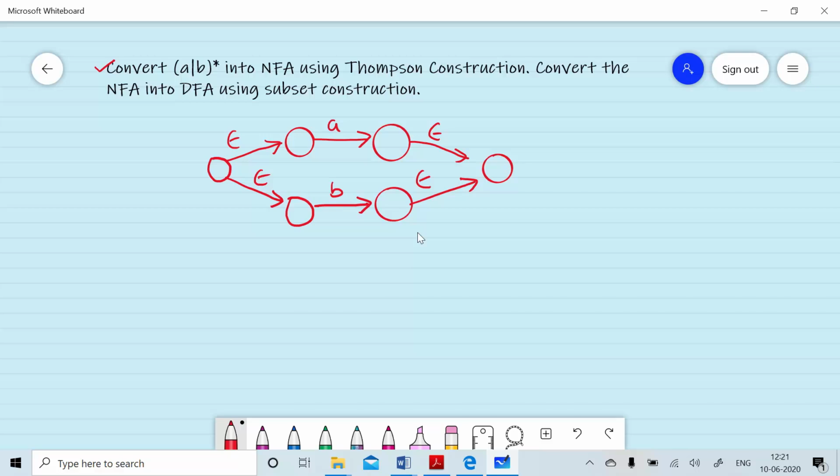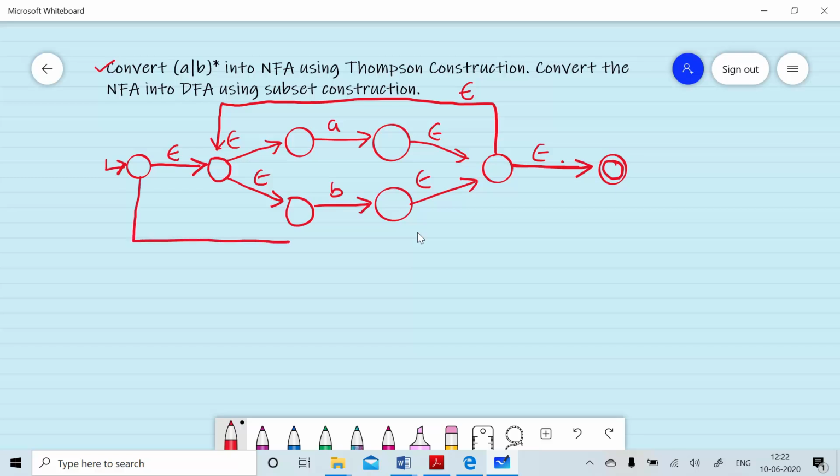For performing Kleene closure, we will add 2 new states. This new state will be the initial state and this will become the final state. We will also include 4 null transitions: from this initial state to the initial state of A or B, from the final state of A or B to the new final state, from the final state of A or B to the initial state of A or B, and from the initial state to the final state.